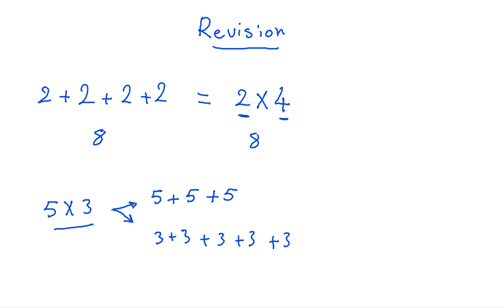In the first case we have 5, 1 2 3 times. In the second case we repeat the 3 5 times, 1 2 3 4 5. Okay, and in all cases the answer is 15. So that's about repeated addition.